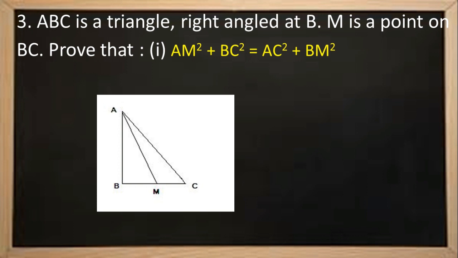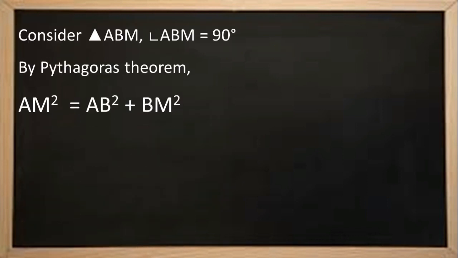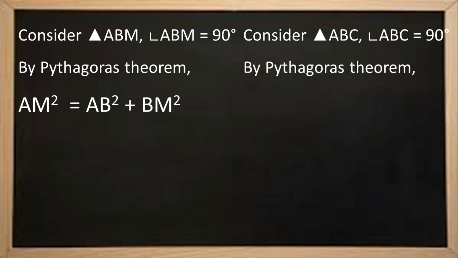Let us proceed in the same manner. Consider triangle ABM, identify the hypotenuse, apply the Pythagoras theorem. In a similar manner, consider the one more triangle ABC, identify the right angle and the hypotenuse accordingly, and hence it results as AC square is equal to AB square plus BC square.